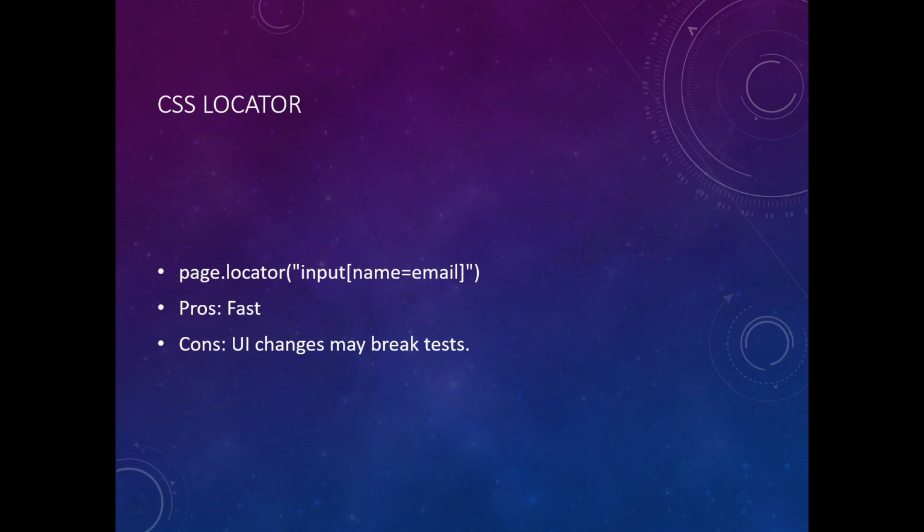We can use it in locating the web elements. So in that case, page.locator, within that we need to specify the CSS locator path. Okay, and it's fast, and UI change may break this test. That's a disadvantage of CSS locators. So you can also use CSS locators in your script.